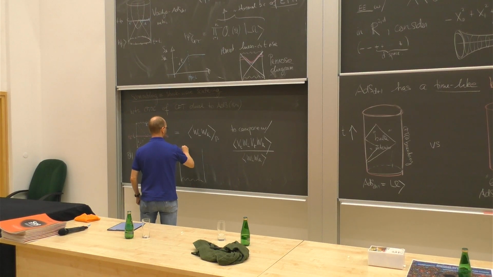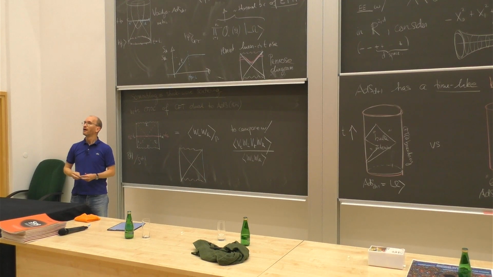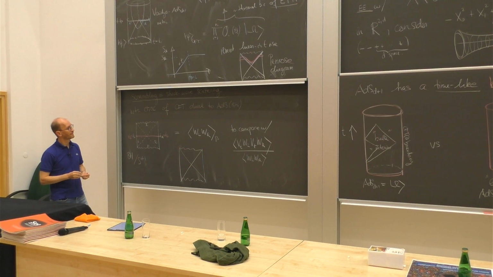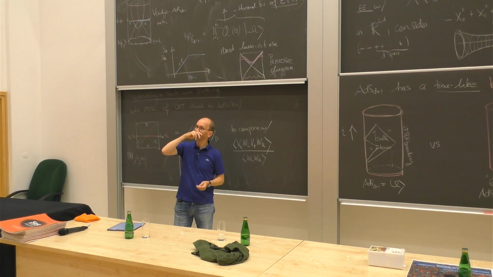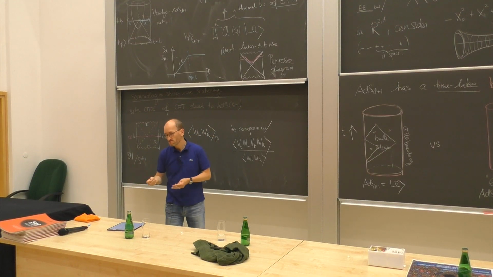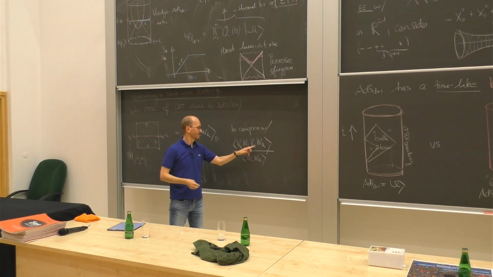Question? Yes? So this looks like universal for any operator, this correlation function. You have to speak a bit louder, sorry. I said that it looks like it's independent of the operator we put there, because the length is the same, universal. So for any operator it's the same result. In some sense, yes, because actually what will happen is that this OTOC will have this Lyapunov behavior, and you might say there will be some dependence on the dimension of this operator.